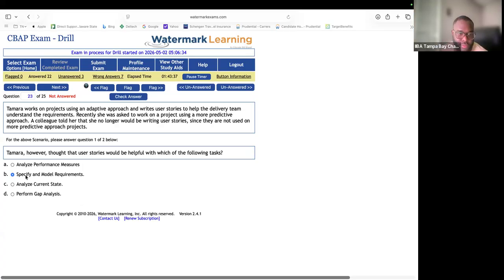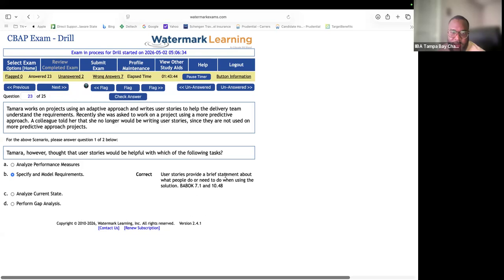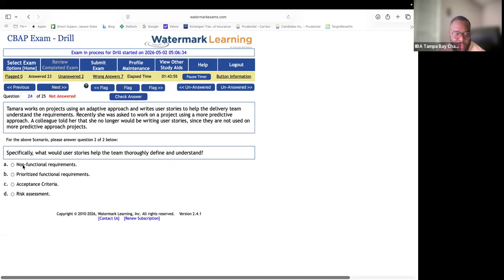Okay. So let's test B then. User stories provide a brief statement about what people do or need to do when using the solution. And that's what the BABOK says. Really good. Next, same scenario.